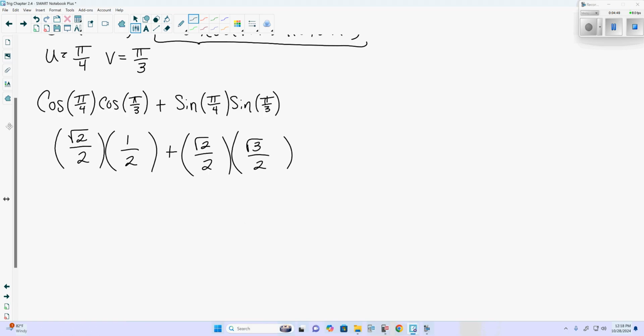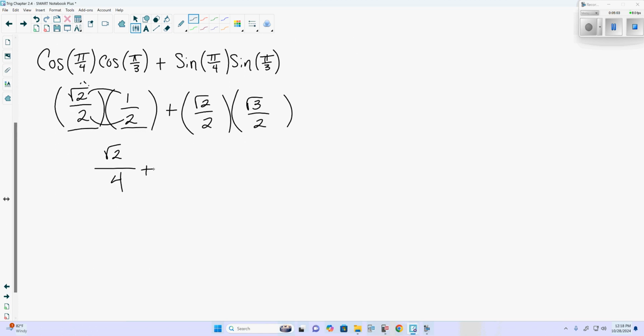Now we just need to calculate this out. If we multiply square root 2 over 2 and 1/2, 1 times the square root of 2 is the square root of 2, and 2 times 2 is 4. Plus, we multiply these two, so square root of 2 times square root of 3 is the square root of 6, and 2 times 2 is 4.